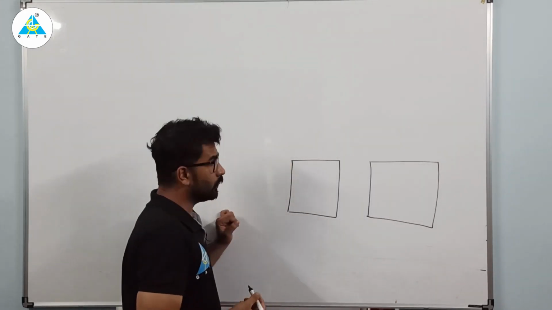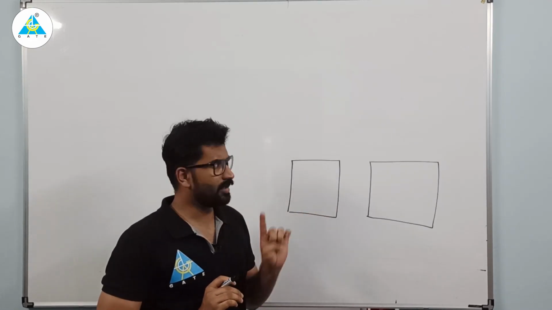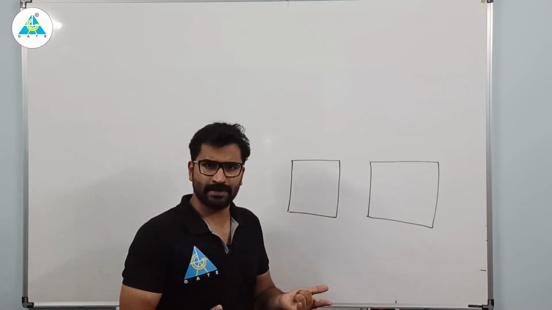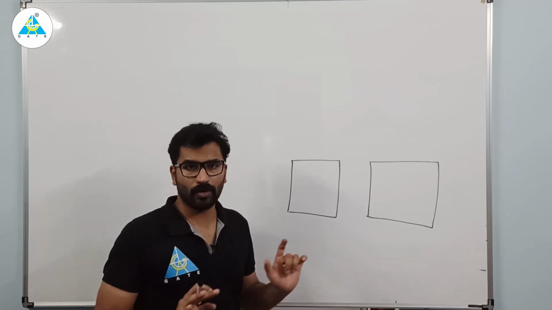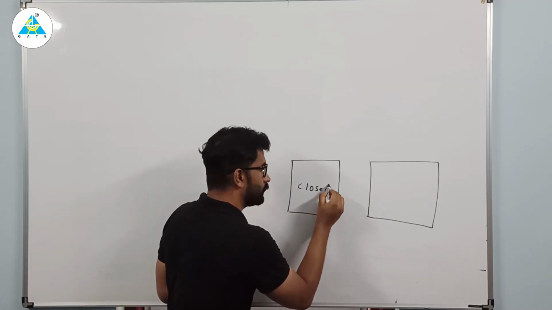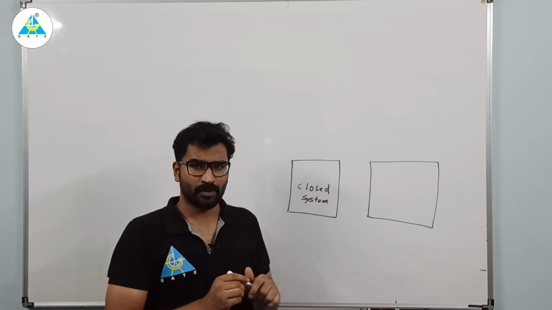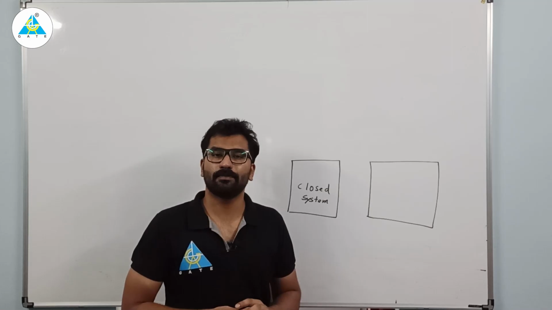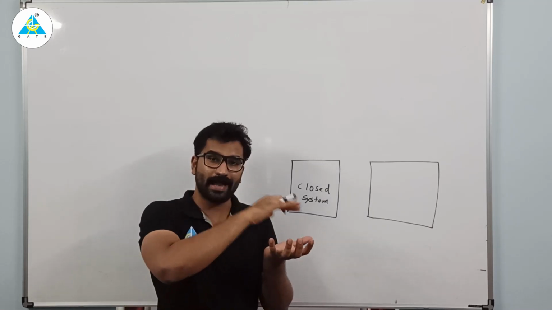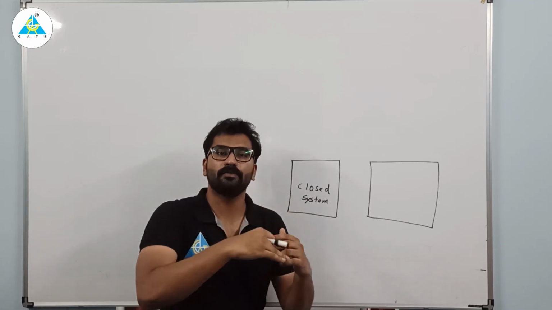Okay? So here your closed system will have only energy interaction, so there is no mass interaction. That is, there is no mass transfer. Only energy will be transferring in a closed system. So what was the example I told for a closed system? Lunchbox. I hope you remember the example of the lunchbox, because if you are packing lunch in a lunchbox, since it is closed, there will be no mass transfer.